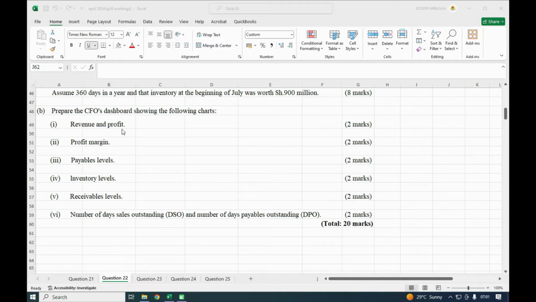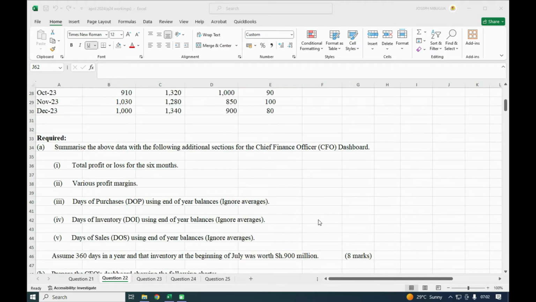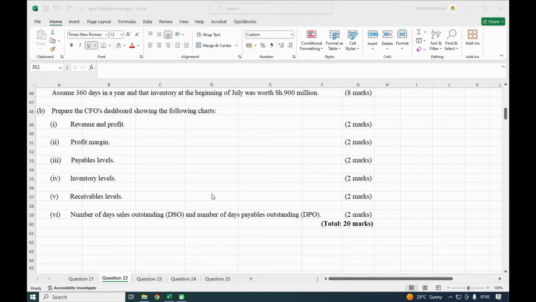The dashboard should show the revenue and the profit margin, the payable levels, inventory levels, receivable levels, the number of days sales outstanding, DSO, and the number of days payable outstanding, DPO. So those are the charts that we need to prepare. It was more of testing the ratios and the preparation of the dashboard. So we need to answer this.